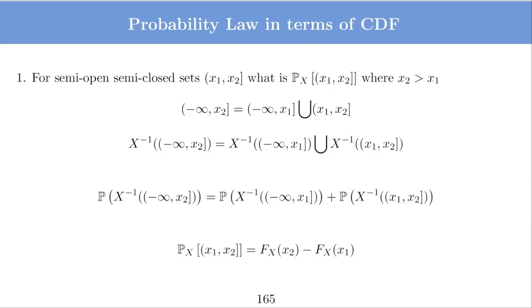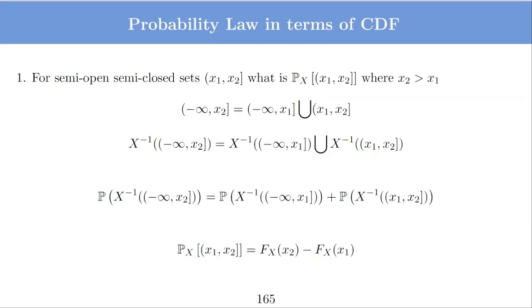To evaluate that, we first notice that the set minus infinity to x2 can be decomposed into two different sets: one of the form minus infinity to x1, and the remaining would be x1 to x2. This second set is open at x1 because we have already included x1 in the first set.